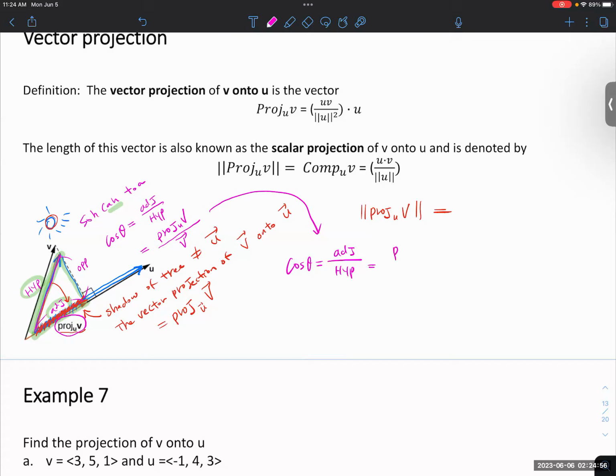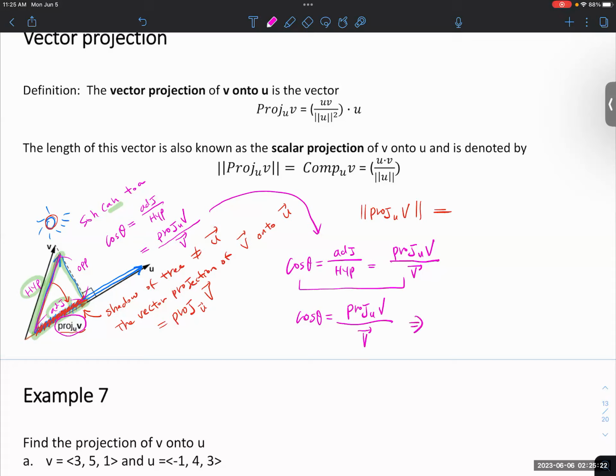The projection of v onto u over the hypotenuse, which is the v vector, correct? Now I can cross multiply between these two. So cosine theta equals the projection over the v vector.